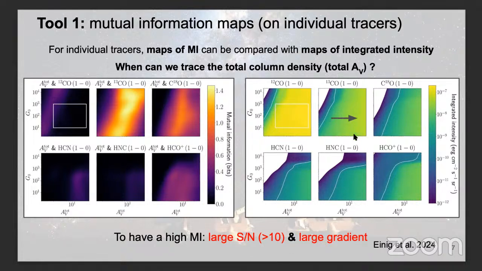But then even when it's detectable, you need the line to be sensitive to the parameter you are trying to probe. And this is manifested in the fact that you need to have a strong gradient of the line intensities with the parameter in question. And so, for instance, for C18O, it is informative because there is a significant gradient in this direction, while 12CO, because it saturates, is mostly constant as a function of AV, so it's not informative.